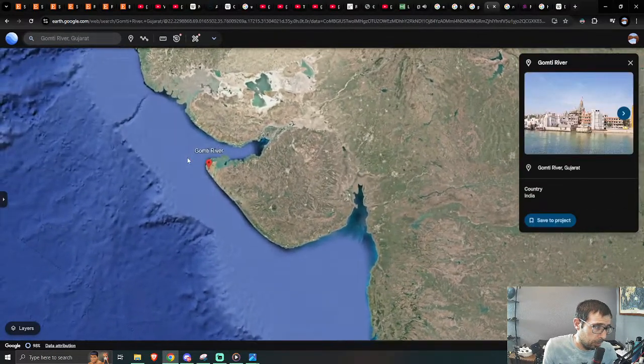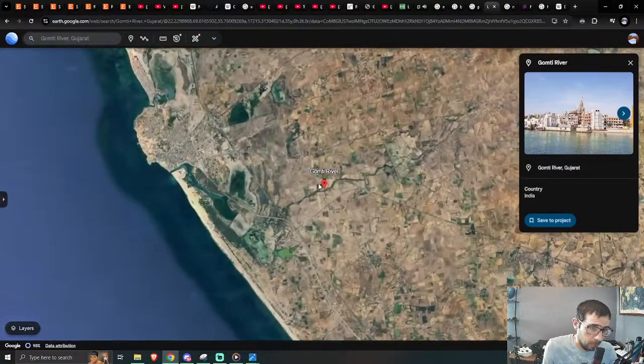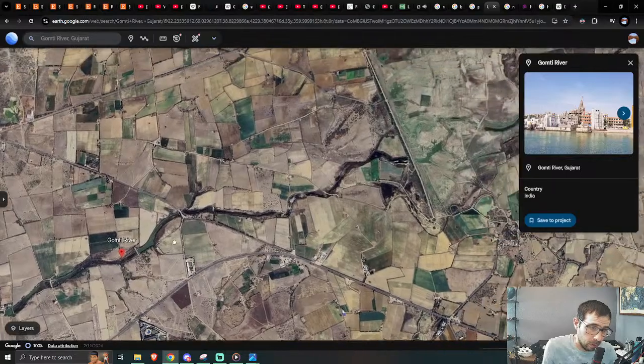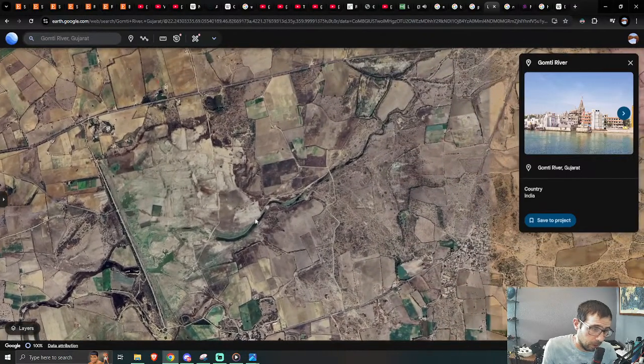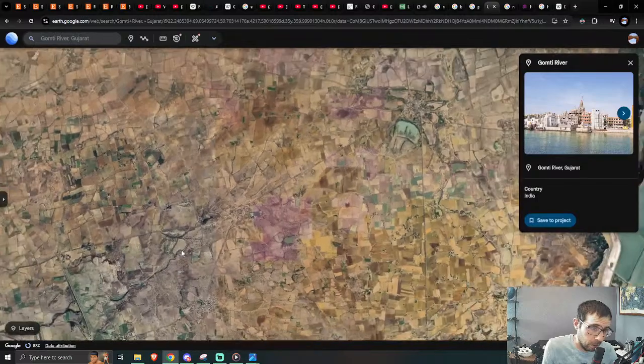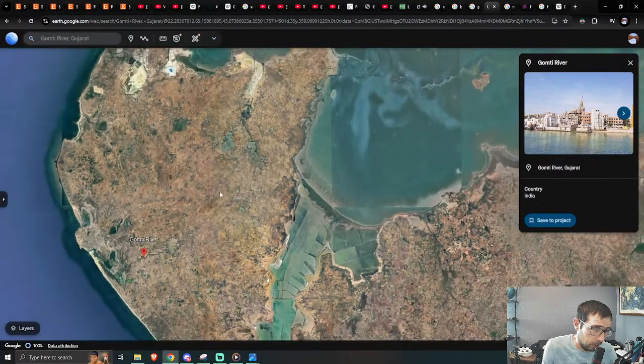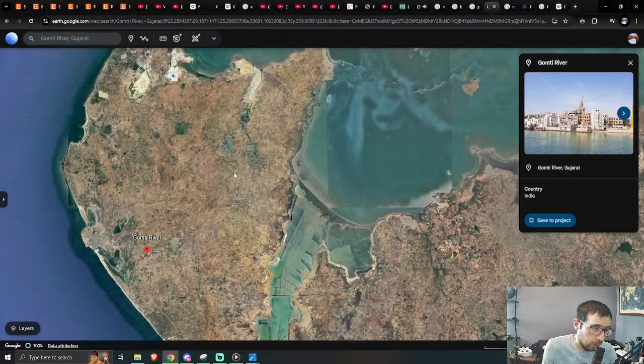Gujarat, probably. Yeah. So in this river that goes across here, across here, across here, across here. I don't know, it just seems to fade out there. I don't know if this is because over there.